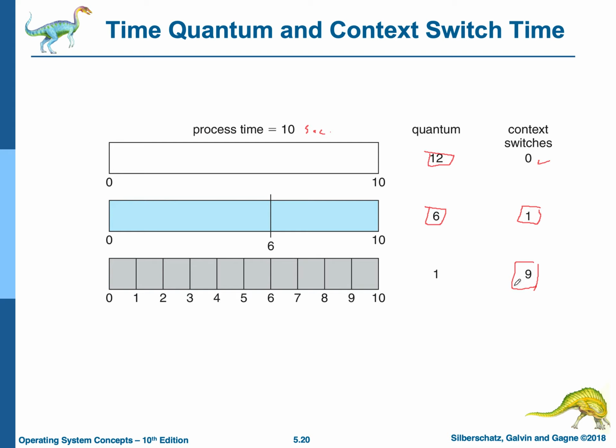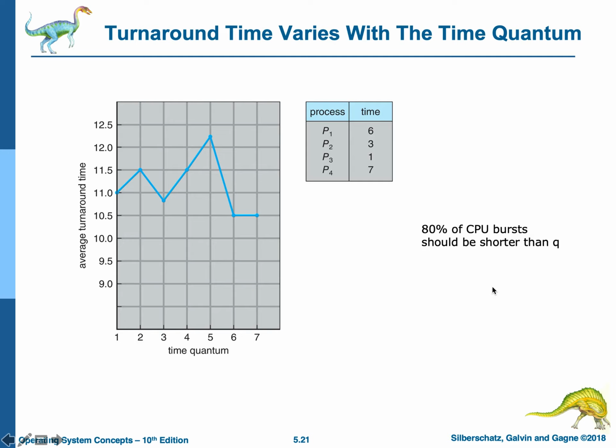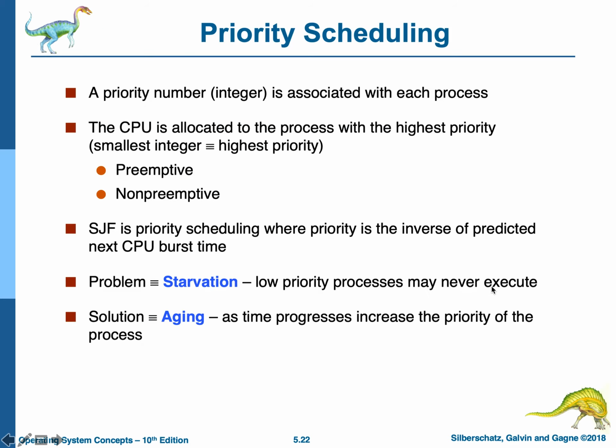We have to switch between the processes for 9 times to complete this job. So whenever we are implementing this algorithm, we should make sure that the context switching time should be minimal and appropriate time. Okay, and this has actually great effect on also turnaround time.